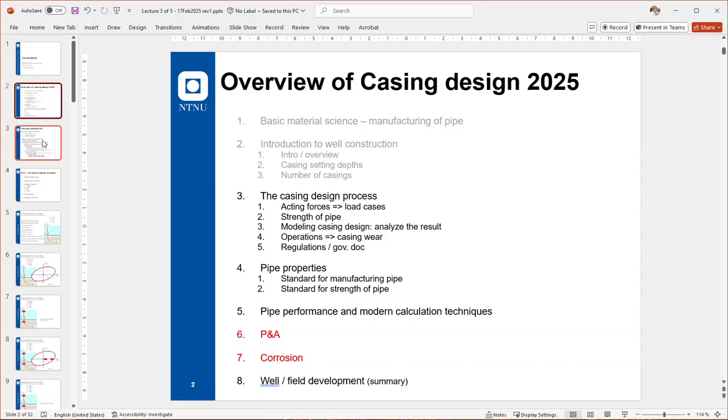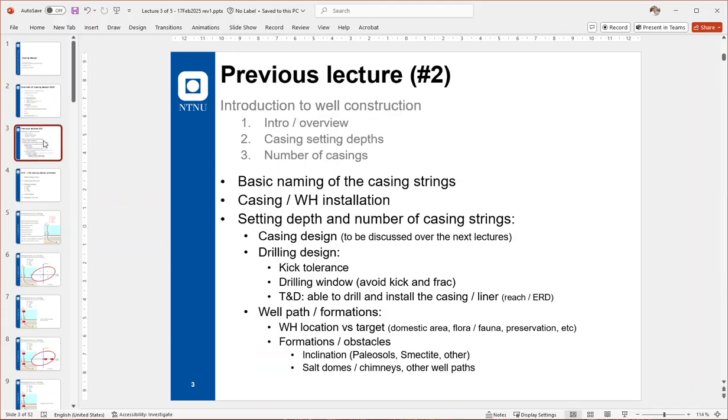I'm still hanging on to the two topics that were requested last year, P&A and corrosion, hoping to develop them a little bit more compared to last year's lectures.